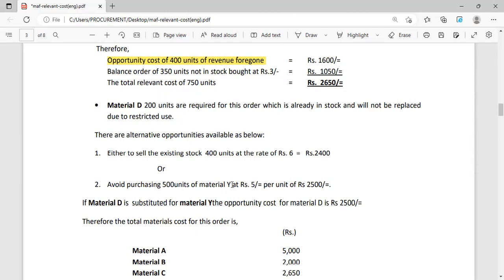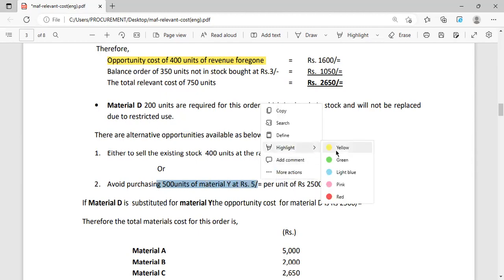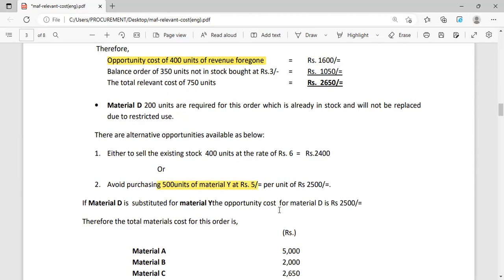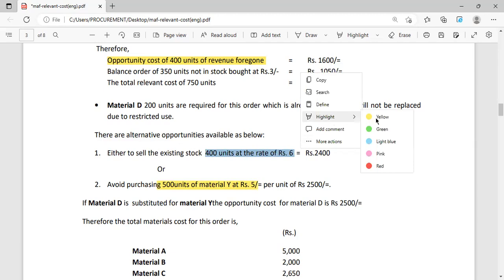So this one will be for material Y. If they want to use it for material Y, they will sell it for 5 naira. But if they want to sell it as scrap, which is 400 units, they'll be using this particular 6 naira.